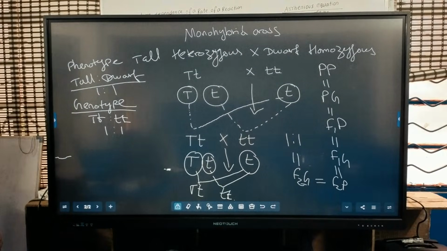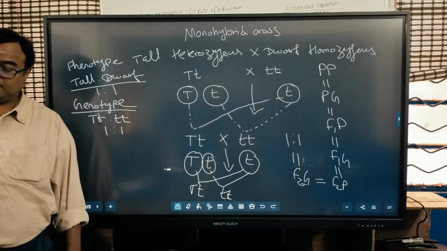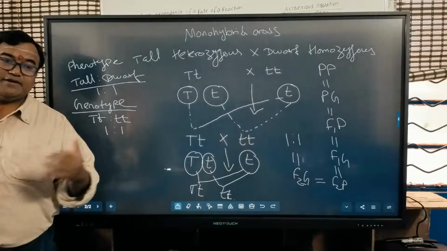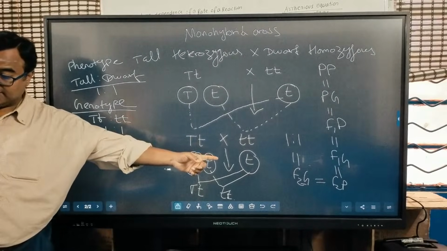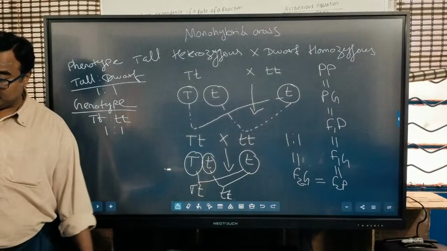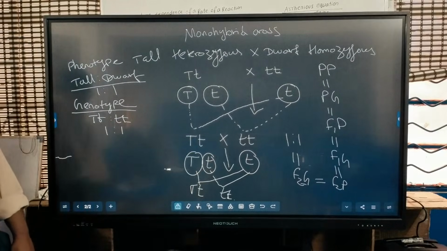Have you completed this writing? Make it fast because we are not having time. Have you written this ratio, 1 is to 1 ratio? Students who are offline, have you written this 1 is to 1 ratio? I think you have not written it, equal to 1 is to 1. Not a problem.